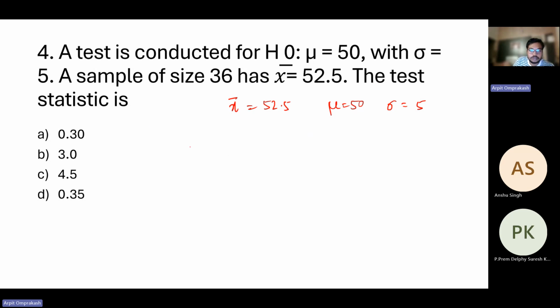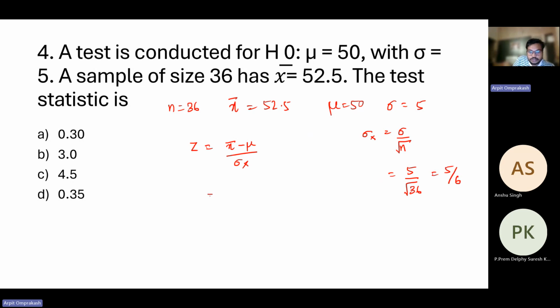So the test statistic is nothing but the z-score, which is x bar minus mu divided by sigma x, and sigma x is nothing but sigma by root n. Sample size n is 36, so this will be 5 divided by root 36, which is 5 by 6.